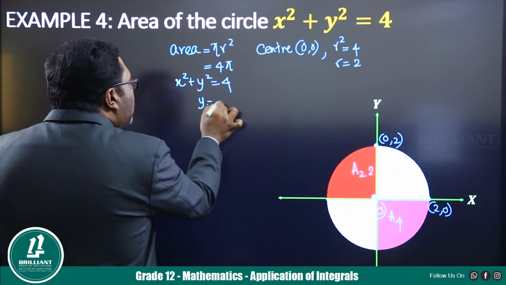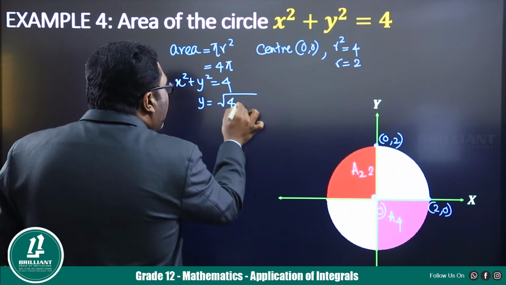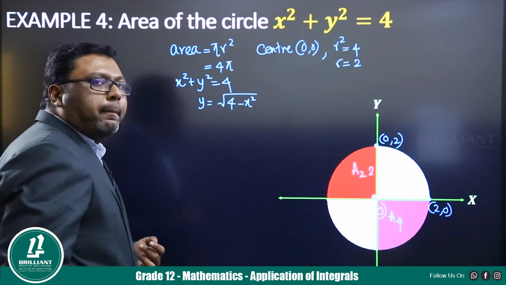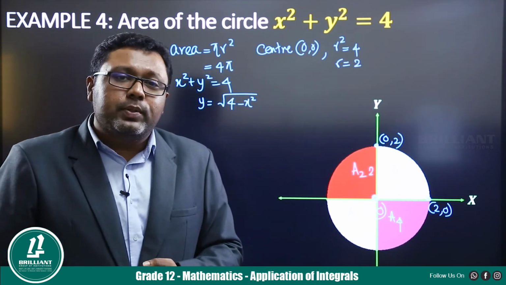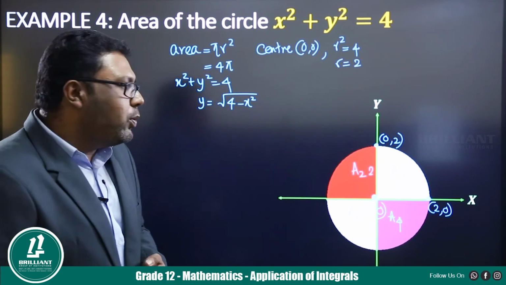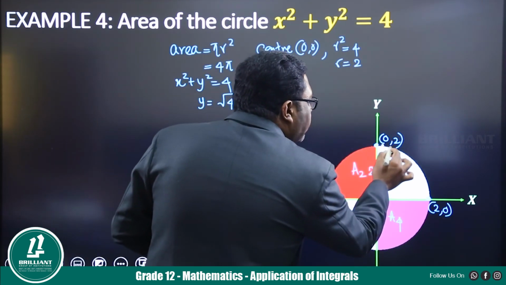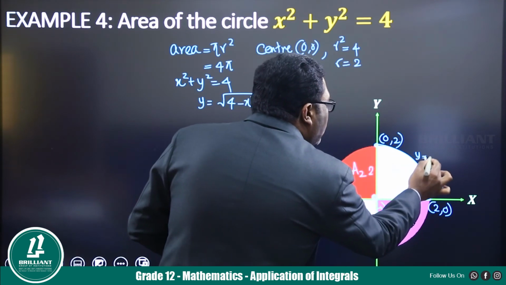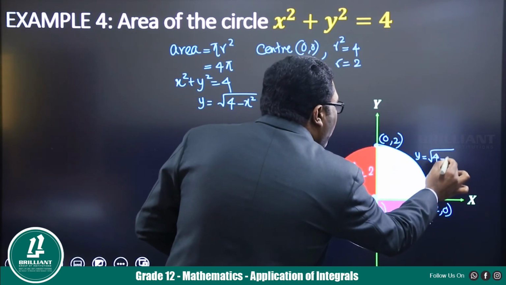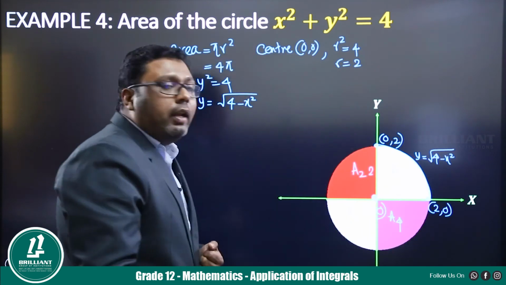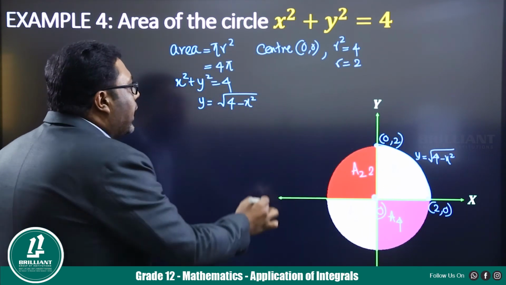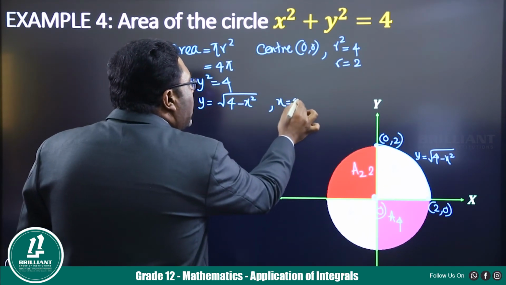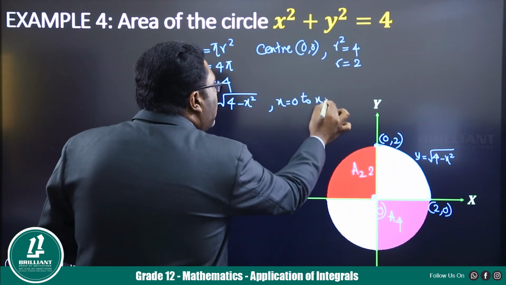Now the expression is x squared plus y squared equal to 4. So y is equal to square root of 4 minus x squared. This is the curve, y is equal to square root of 4 minus x squared, and the abscissas are x is equal to 0 to x is equal to 2.